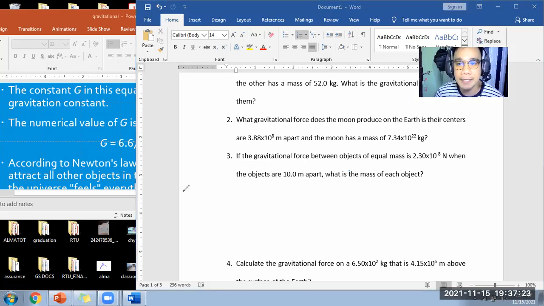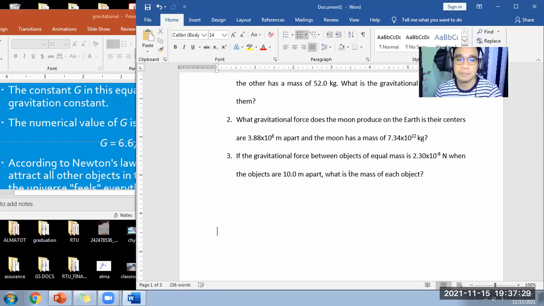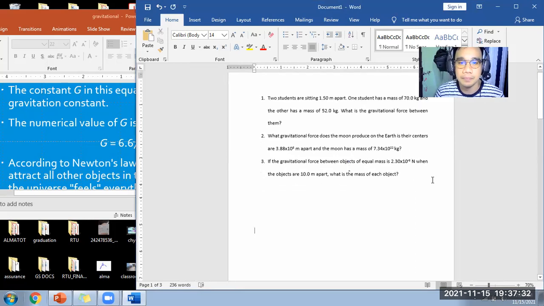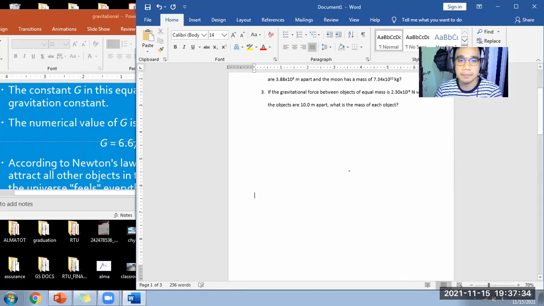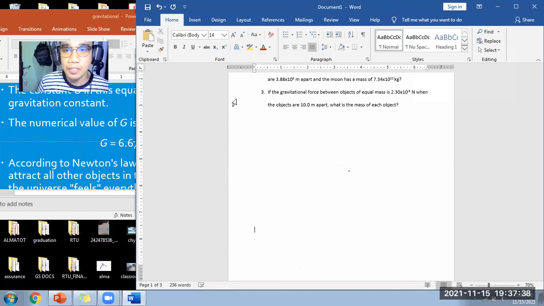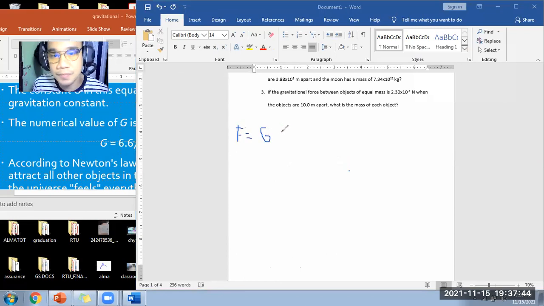So formula natin, we have, di ba formula natin ay yan, F is equivalent to G M1 M2 over R squared. Eh, ang sabi dito, equal mass.